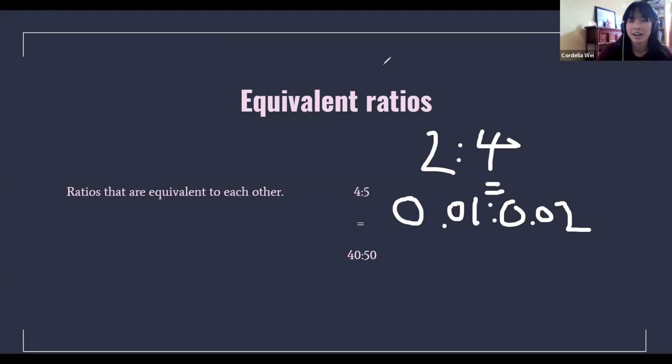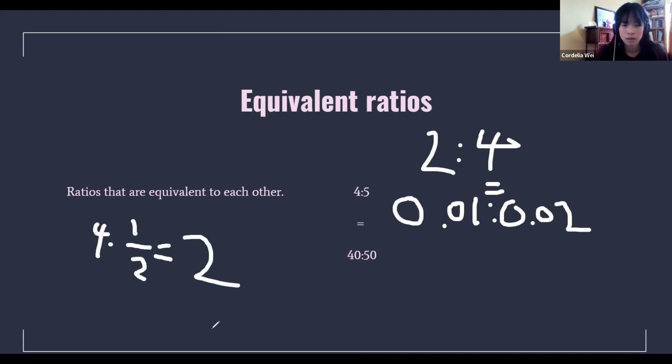Okay, let's see here. So 2 to 4, a way you can also see it is basically just 2 is 1/2 of 4. So 4 times 1/2 would equal 2. And in this case, if we want to find out if 0.01 to 0.02 is equal to it, we're going to have to divide something. So basically, we're going to have to move the decimal point first.